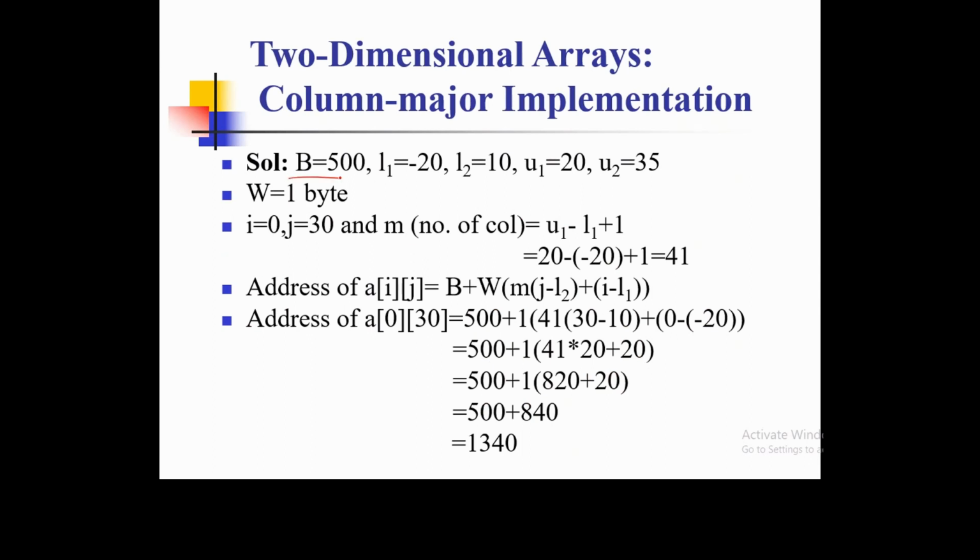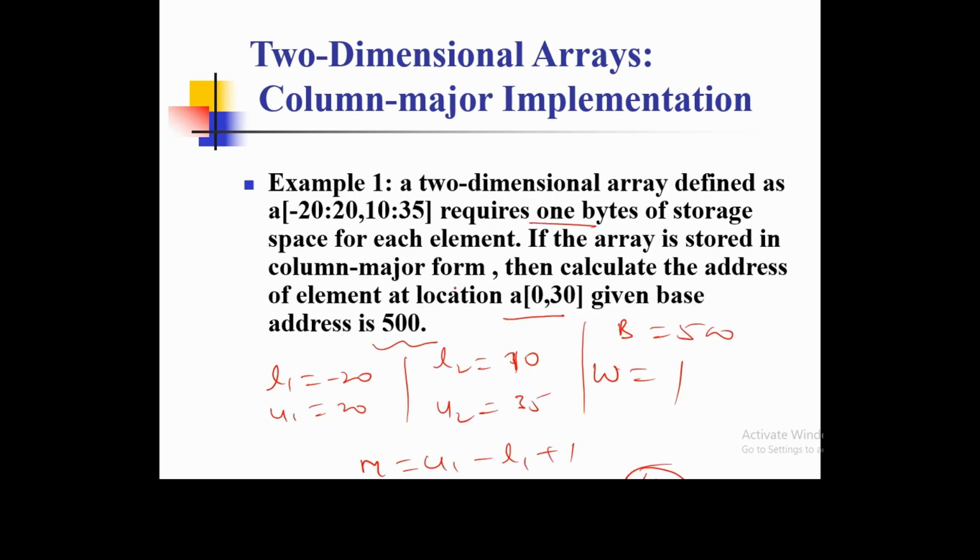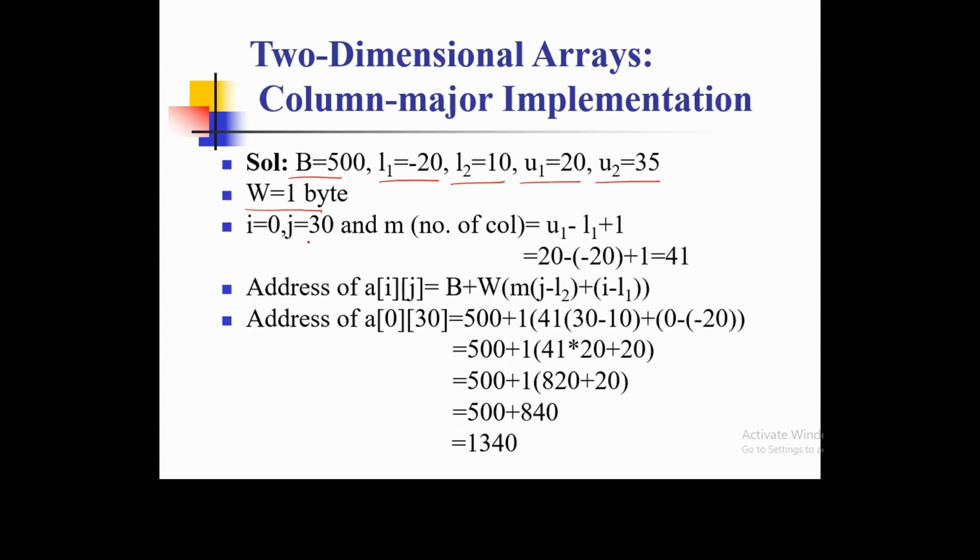Okay, so base address 500, L1 -20, L2 10, U1 20, U2 35, and W is the size, 1 byte. Okay, so I equal, ये क्या था इसका मैं फाइंड आउट करना, हाँ it is the value of I, एलिमेंट्स को फाइंड आउट करना, it is 0 and J equal 30. ठीक है, so I equal 0, J equal 30, and the number of rows will be 41.